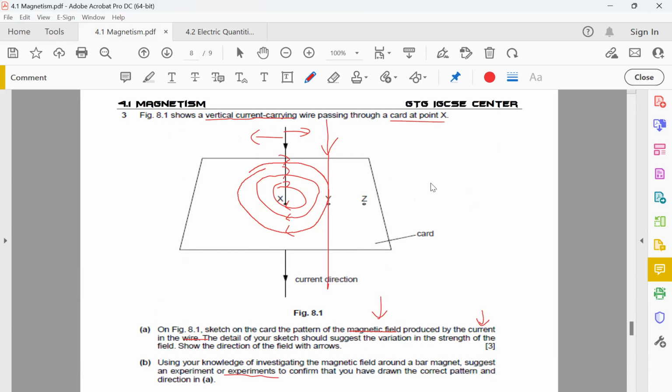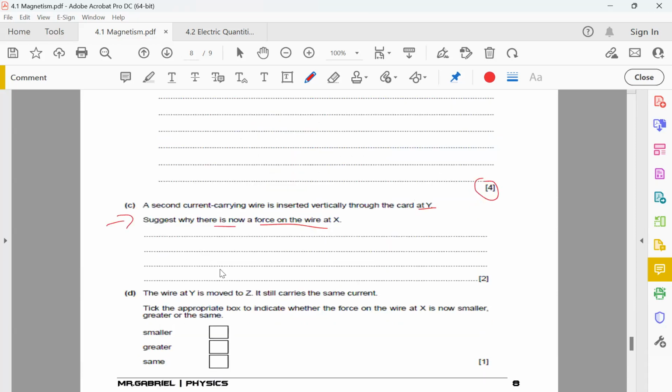Shamin, tell me, what do you write for this part here? Huh? You don't know. What about Tavish? Tavish, what do you think is the reason why there is right now a force on the wire X here?